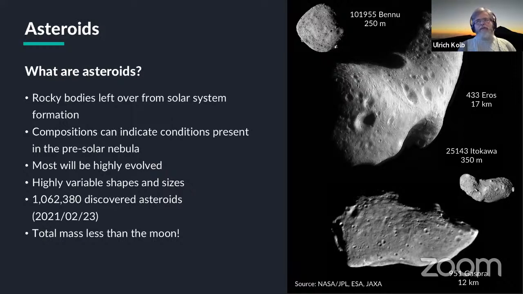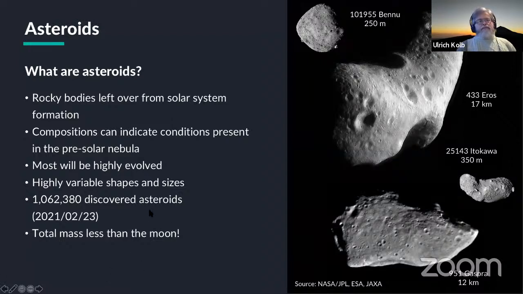However, many of them will have undergone a lot of evolution since the formation. Therefore, if we study them and want to make conclusions about conditions at the beginning of the solar system, we need to understand the way they evolved.